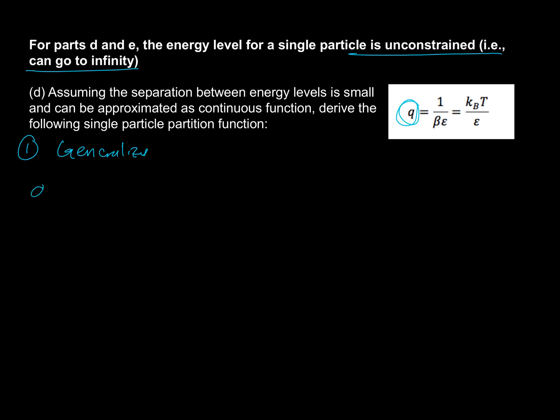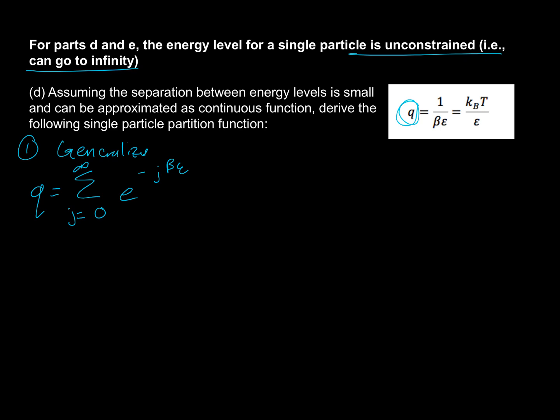So I'm going to say Q is equal to the summation of e to the what? Negative beta epsilon, or negative beta epsilon sub i. Very, very close. We could say i or j. For some reason I put j in my notes here. Starting from j equals what? 0 to what? Infinity.